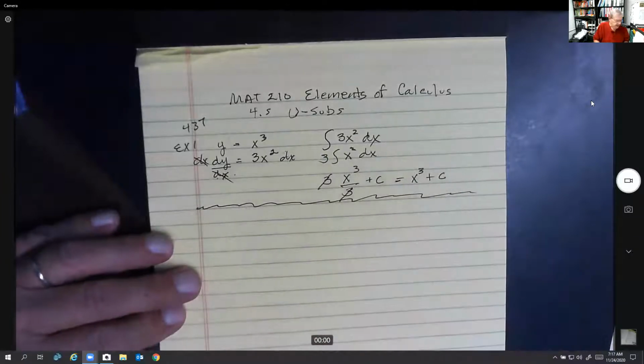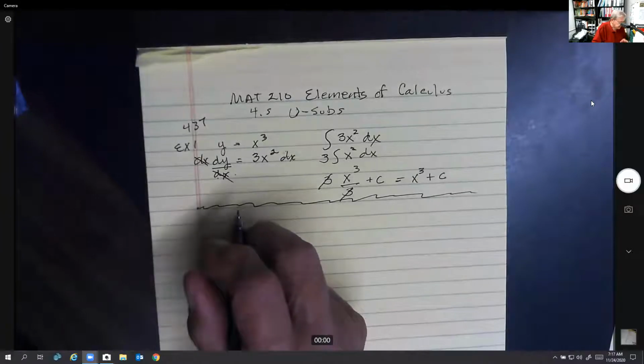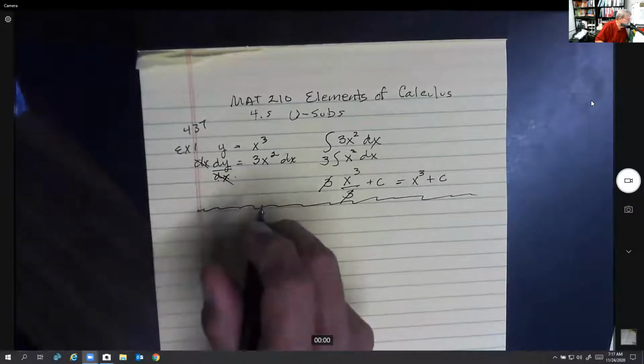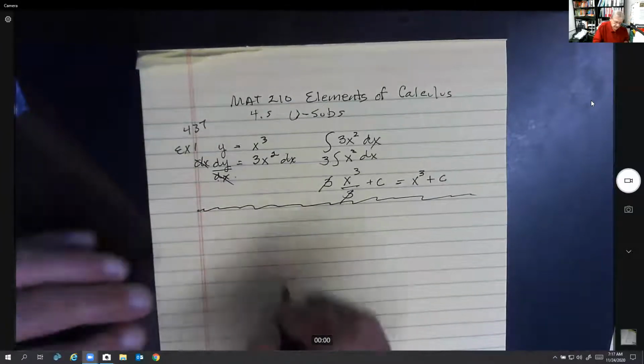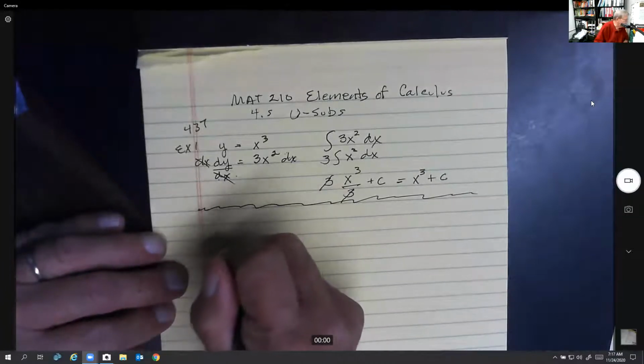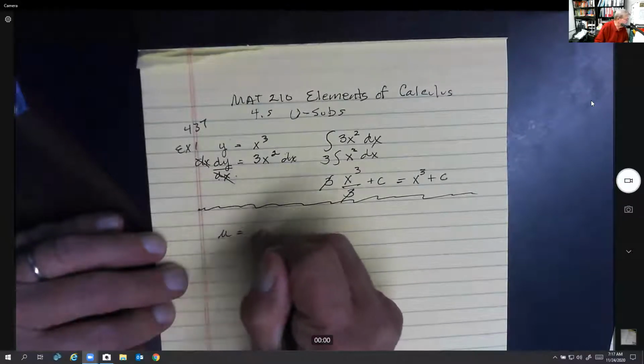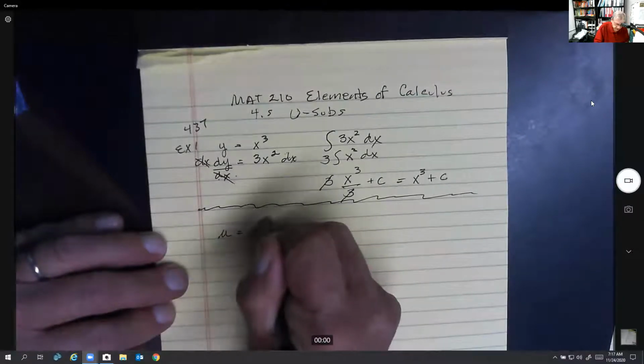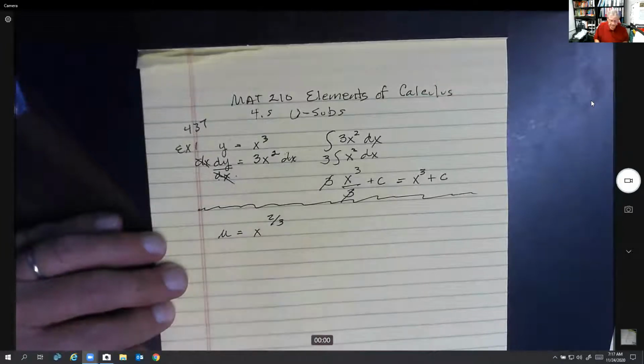But we still haven't gotten into u-subs yet. We're going to practice just a little bit more of doing derivatives. So let's try another one here. Let's call this u instead of y. u equals x to the 2/3. This is example 2.